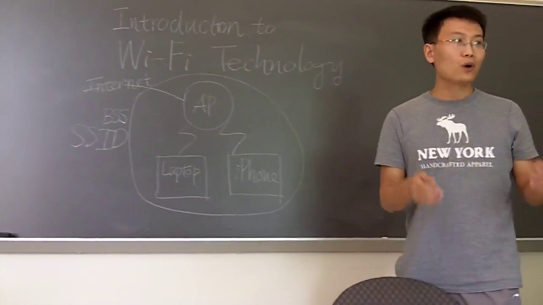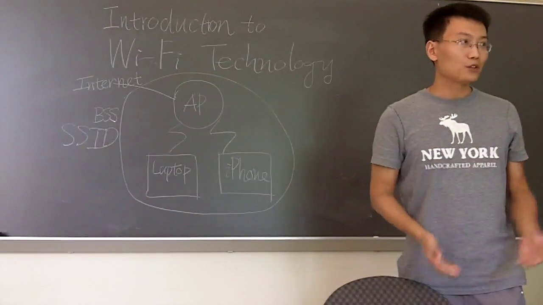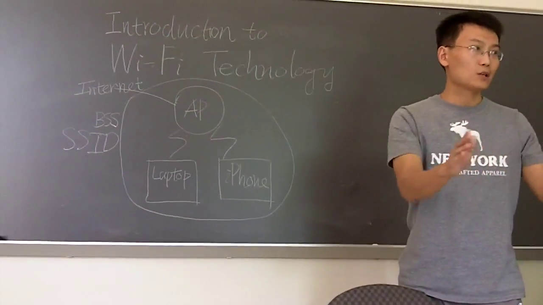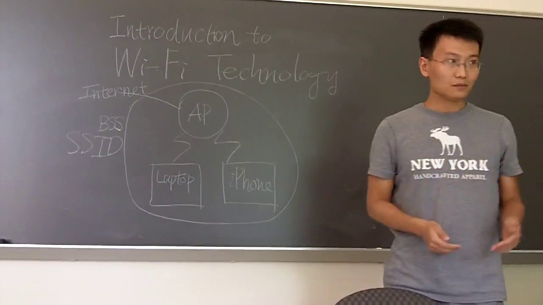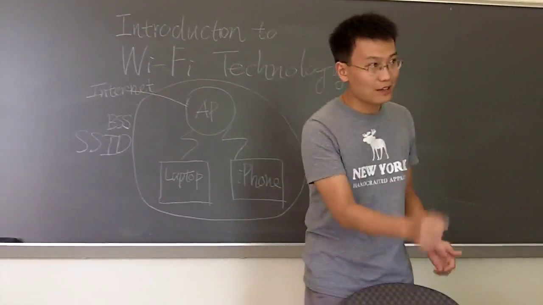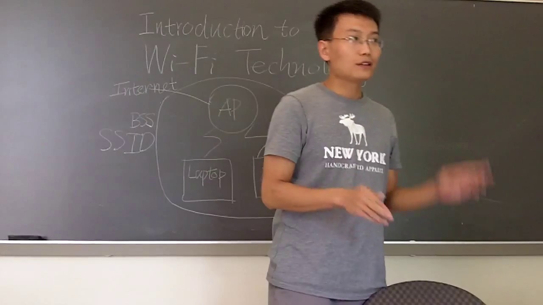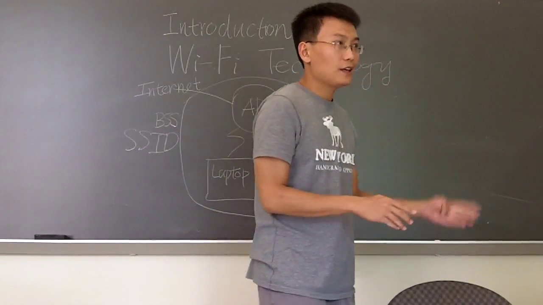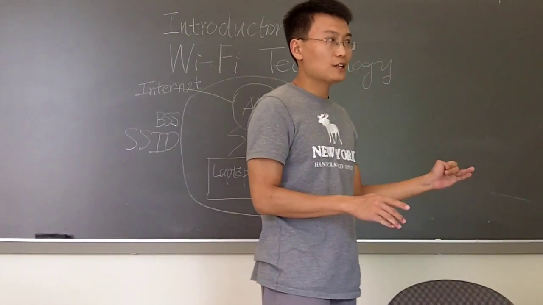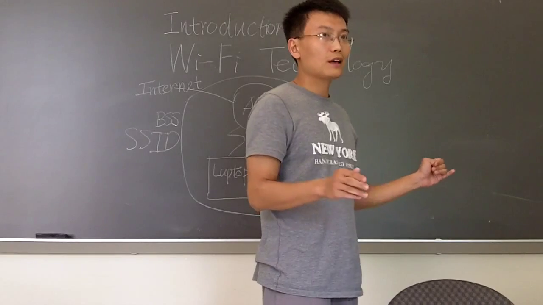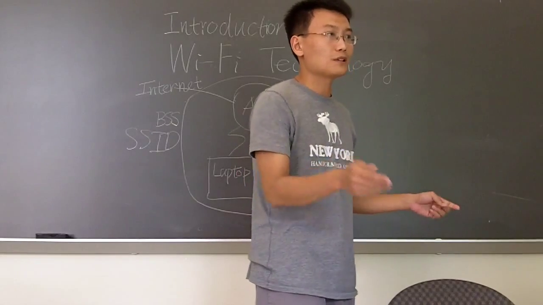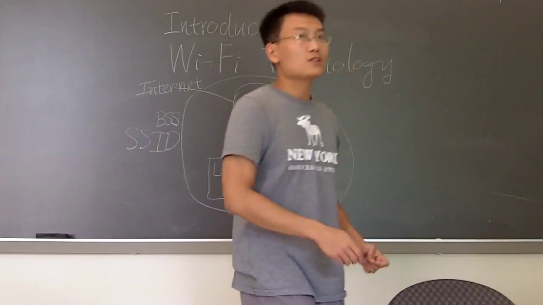I pass you all my messages, and you give your supported data rate to me, and we shake hands. After the scanning, joining, authentication and association, we make these connections, and we send messages to each other.